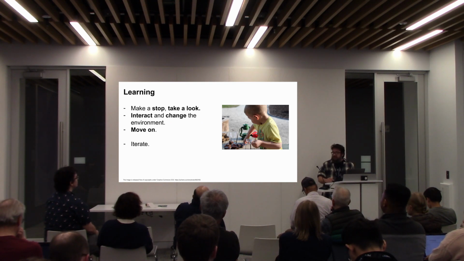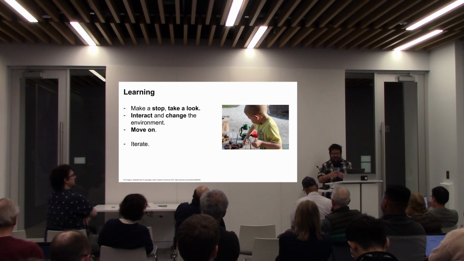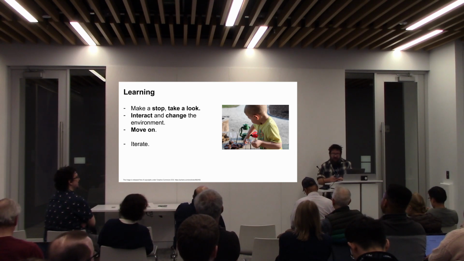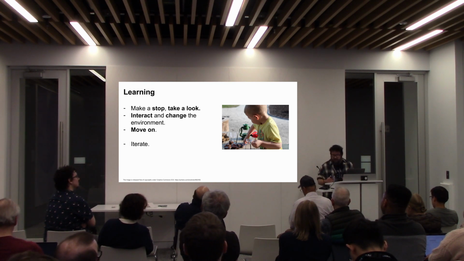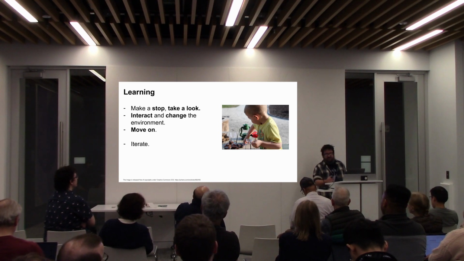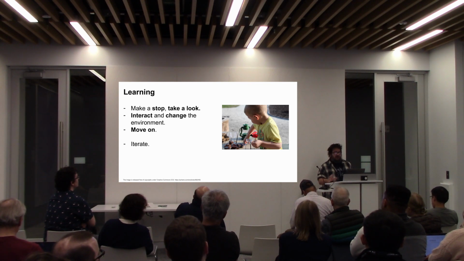Speaking of learning, give me a second because I have my cheat sheet here. For sure, there are a lot of ways to learn, but here I would like to show you a simple 4-step process. On the first step, make a stop and take a look. When you are going to learn something new, it's good to take your time, right?